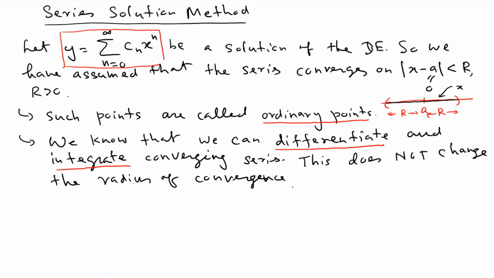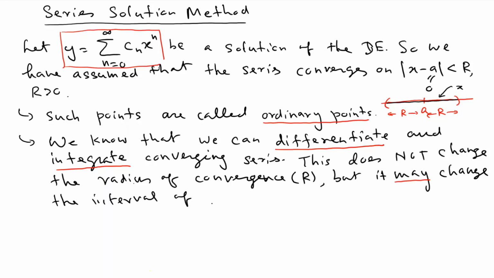So in this case it does not change R, but it may change the interval of convergence. You don't say it will change, it may change, because there are certain situations where it doesn't.